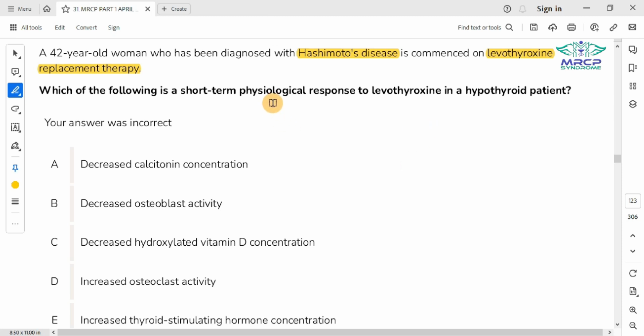Hypothyroidism usually leads to decreased bone turnover and increased bone mineral density due to the reduced activity of both osteoblasts as well as osteoclasts. Once levothyroxine therapy is initiated, the thyroid hormone level will be normalized, and this will stimulate both osteoblasts as well as osteoclasts, but the more pronounced effect would be on the osteoclastic activity. So it will lead to increased bone resorption.